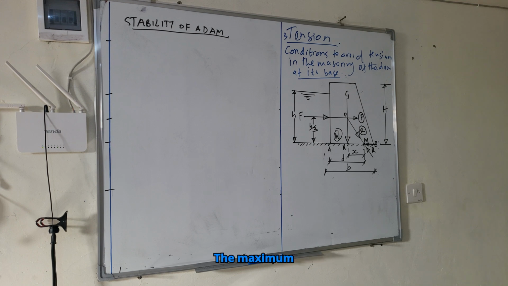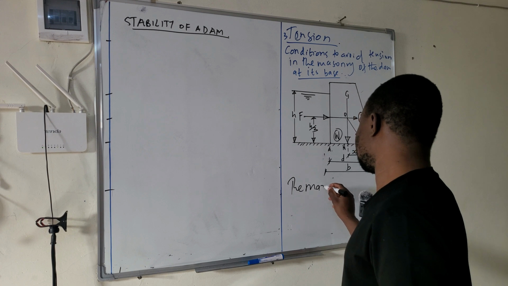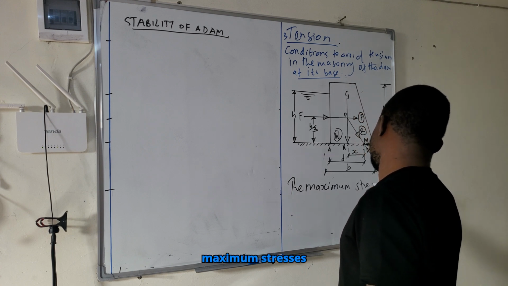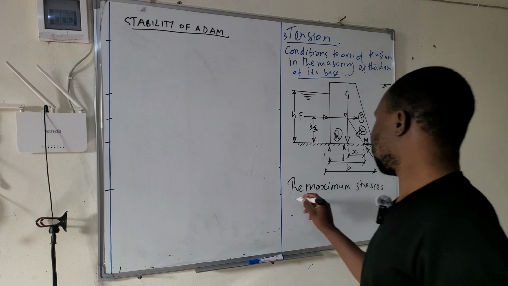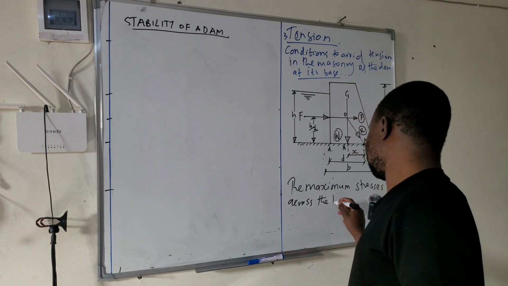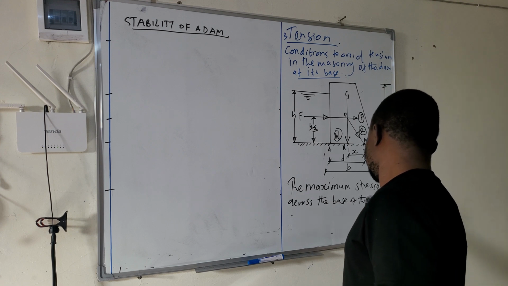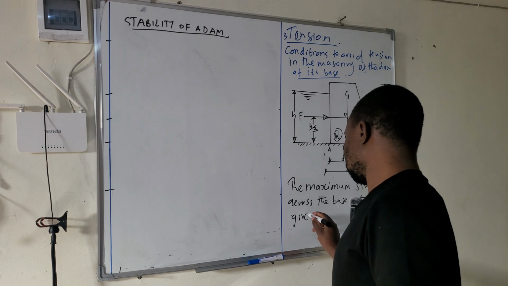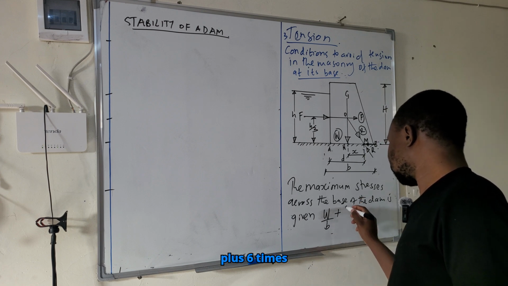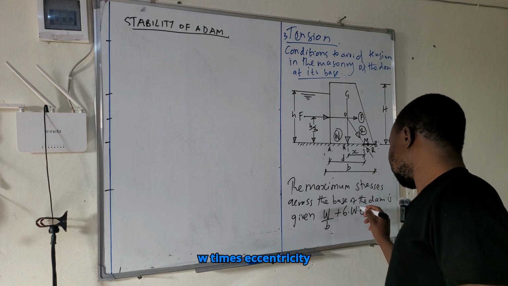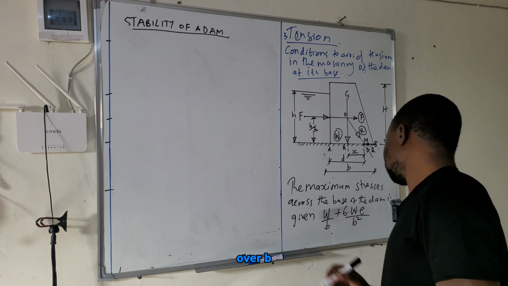The maximum and minimum stresses across the base of the dam are given by, so the maximum stresses across the base of the dam is given by W over B plus 6 times W times eccentricity over B square.